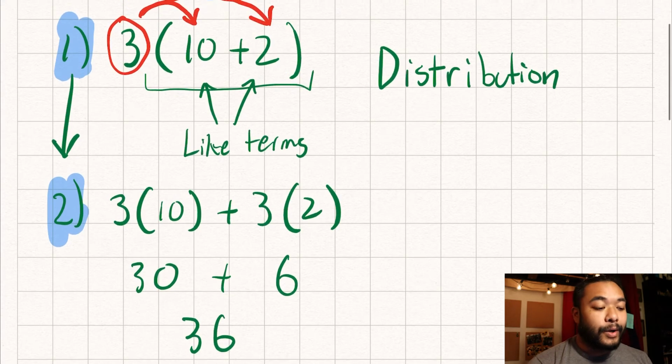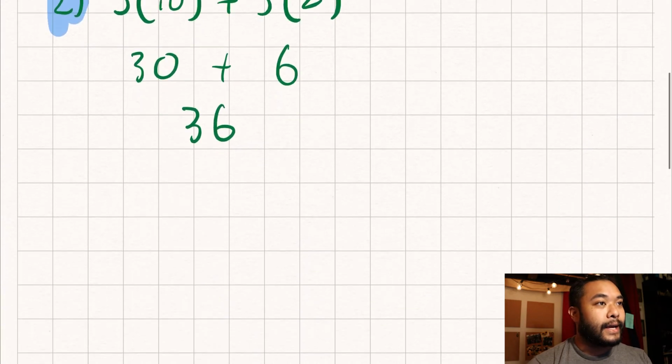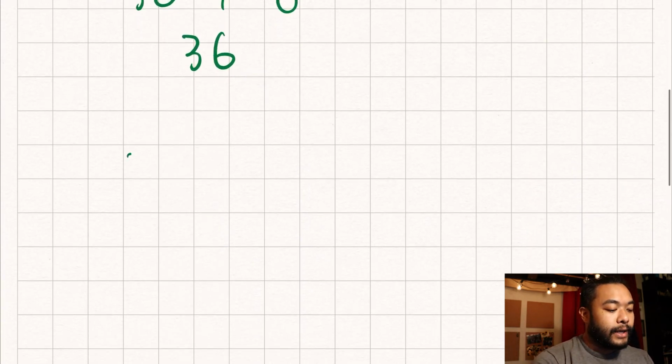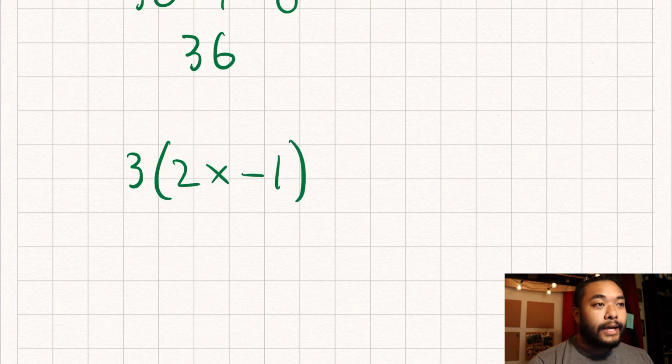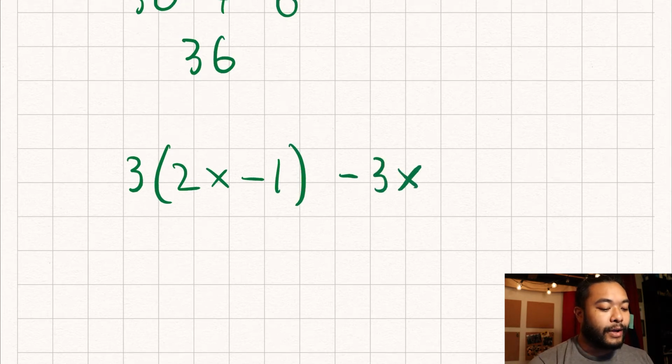And PEMDAS, remember? We see parentheses, we want to take care of them, but that doesn't always mean adding them together. So let's say I get 3 times 2x minus 1. 3 times the sum of 2x minus 1, or 3 times the quantity of 2x minus 1. And let's just have minus 3x at the back and see what we can combine at the end there.